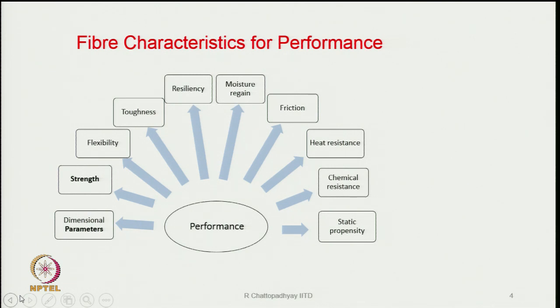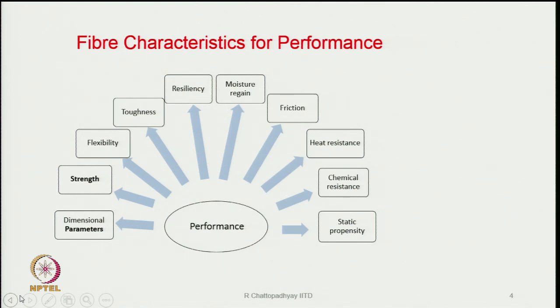Similarly, the chemical resistance is another important property, because the environmental conditions could be such that it has to be used under an acidic medium or an alkaline medium. So, we have to also see what is the chemical resistance of the material against so many different types of chemicals with which the material or the product may come into contact.